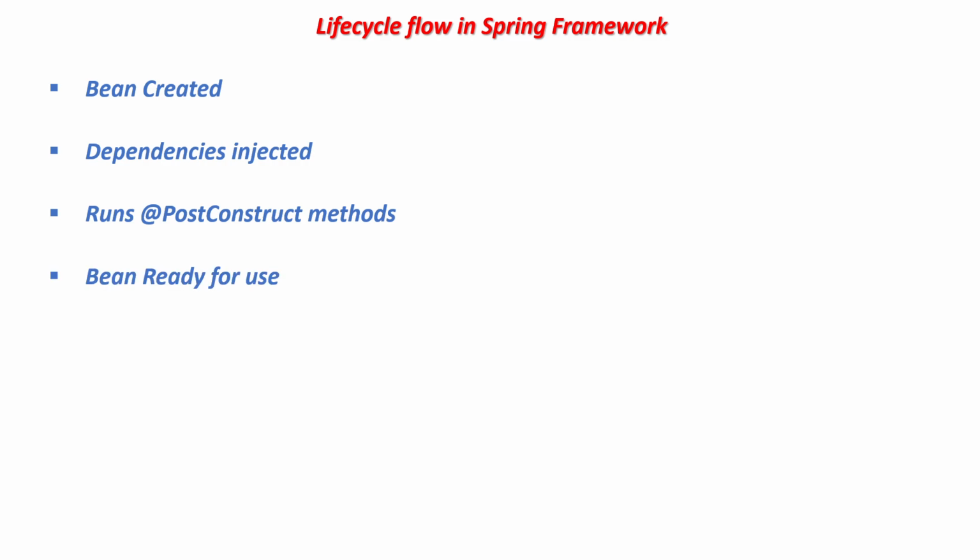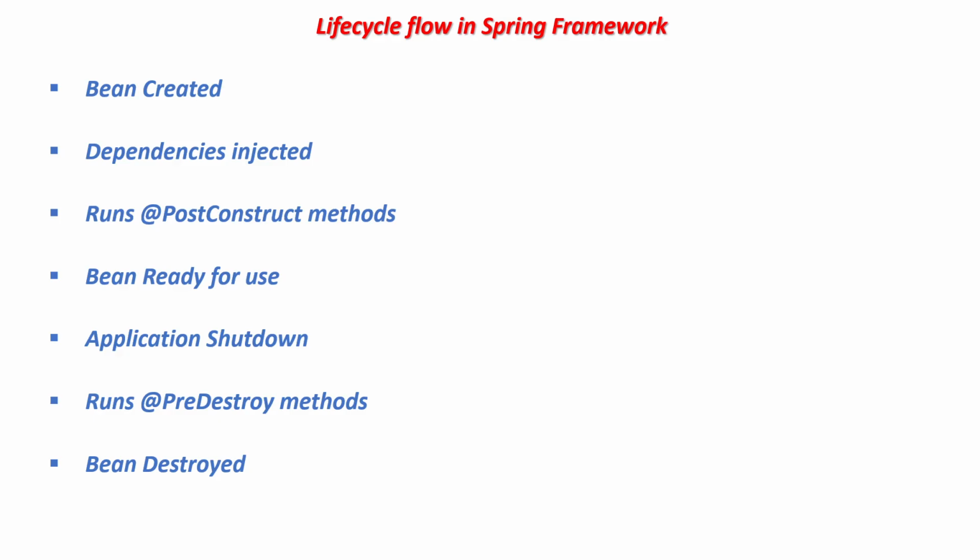Once the bean is used for its purpose and completed, we want to close the application. I mean, we will shut down the application before the bean gets destroyed. When the application shuts down, immediately the PreDestroy methods will execute. Then the bean will be destroyed. This is the simple lifecycle flow in Spring Framework.